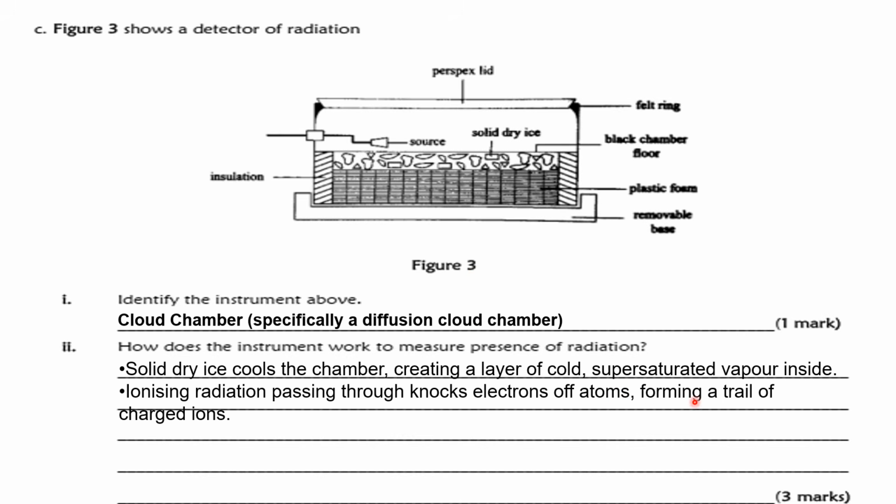This is going to form a trail of charged ions. When the vapor inside is cooled and ionized, it's going to form trails such as this. One would be able to observe this.